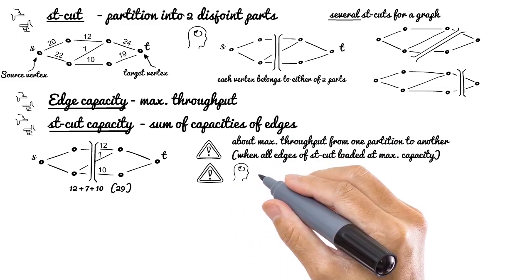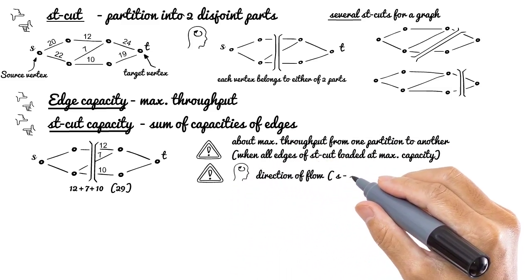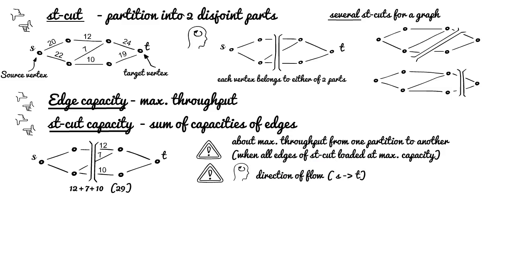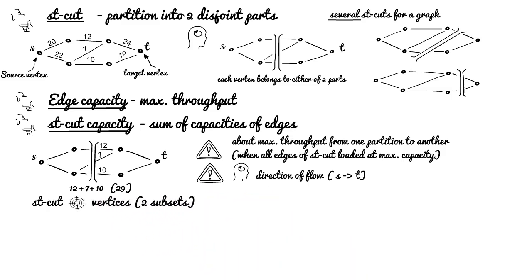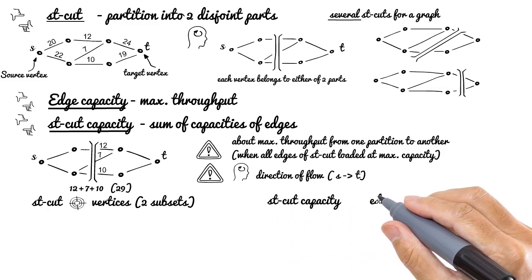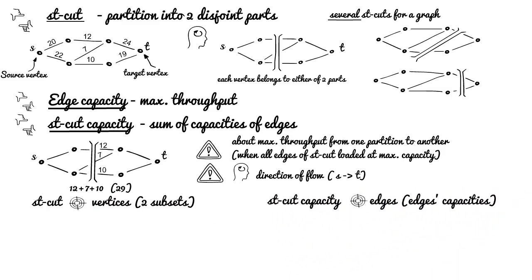Important, we need to keep in mind the direction of our flow from S to T vertex, because sometimes graphs may be directed and have different capacity in opposite directions between two vertices. Notice here, ST cut itself has vertices in focus: how we divide the initial graph into two subsets of vertices. ST cut capacity, in contrast, has edge capacities in focus.